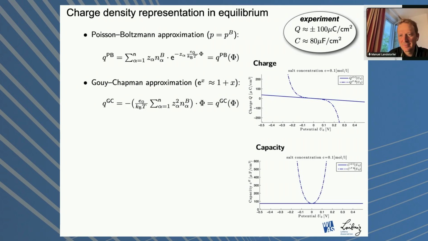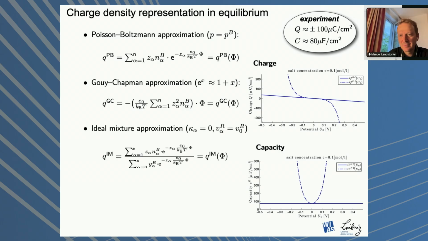First of all, if the capacity is unbounded, this doesn't make physical sense. And on the other hand, capacity is not a constant in electrochemical systems. So both of these approximations do really have shortcomings. An ideal mixture approximation would be one where we assume that all particles have the same partial molar volume. If you do so, you already find these more or less well-known camel-shaped curves of the capacity.